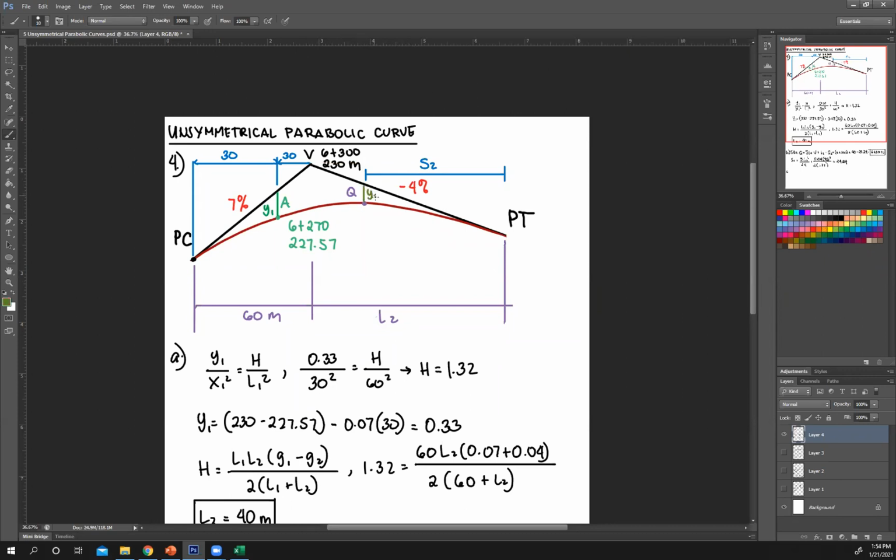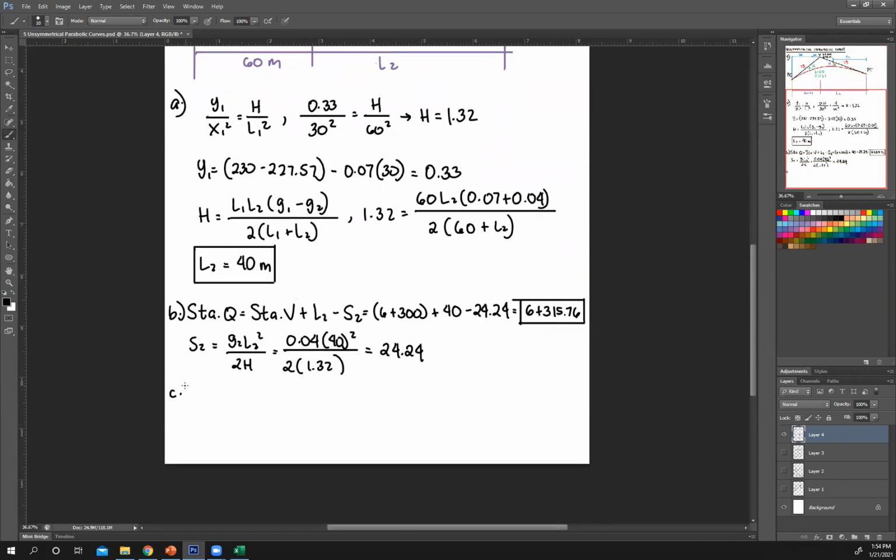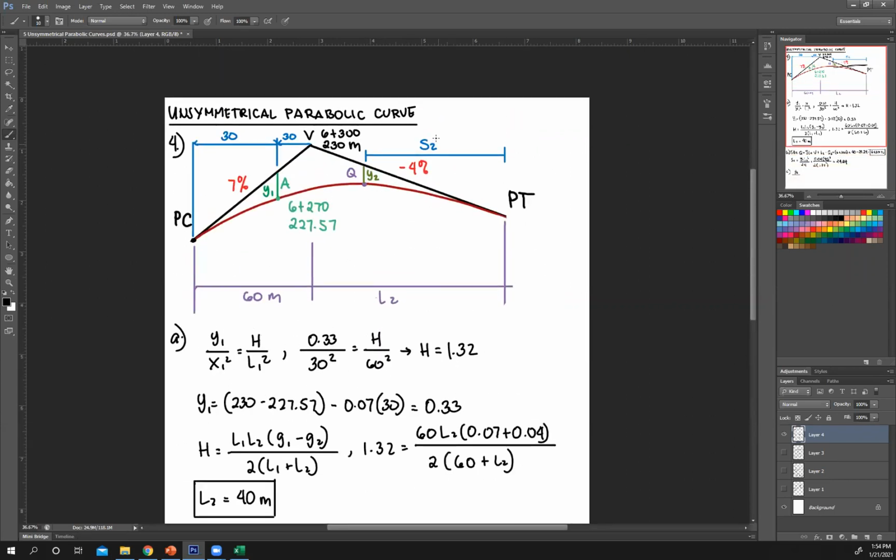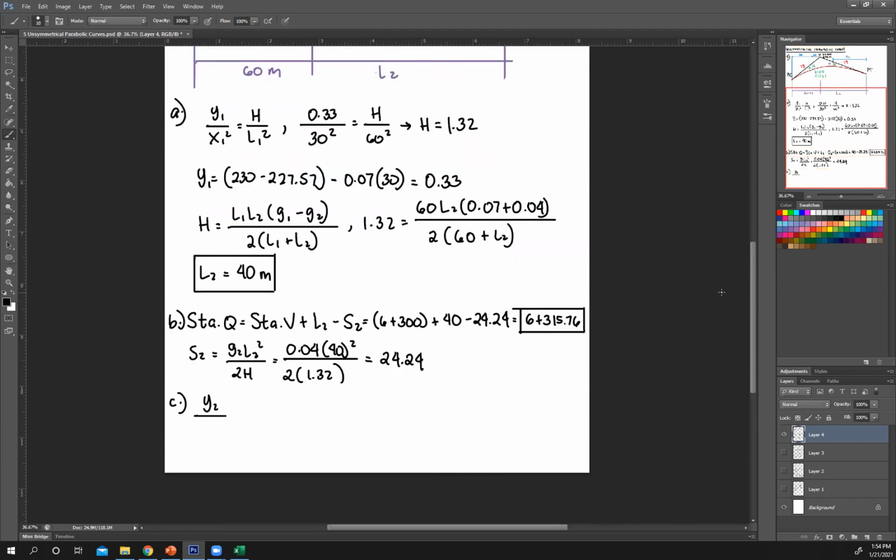So let's call that y sub 2. So y sub 2 over the horizontal offset, which is this length, which is just S2, so over S2 squared equals H, which is 1.32 over L2 squared. So 1.32 over 40 squared. So now I can solve for y2.